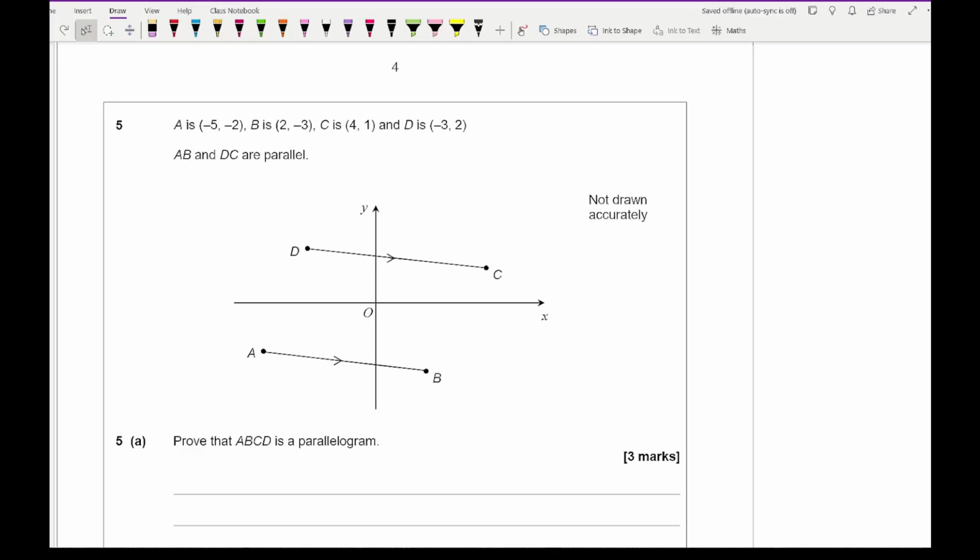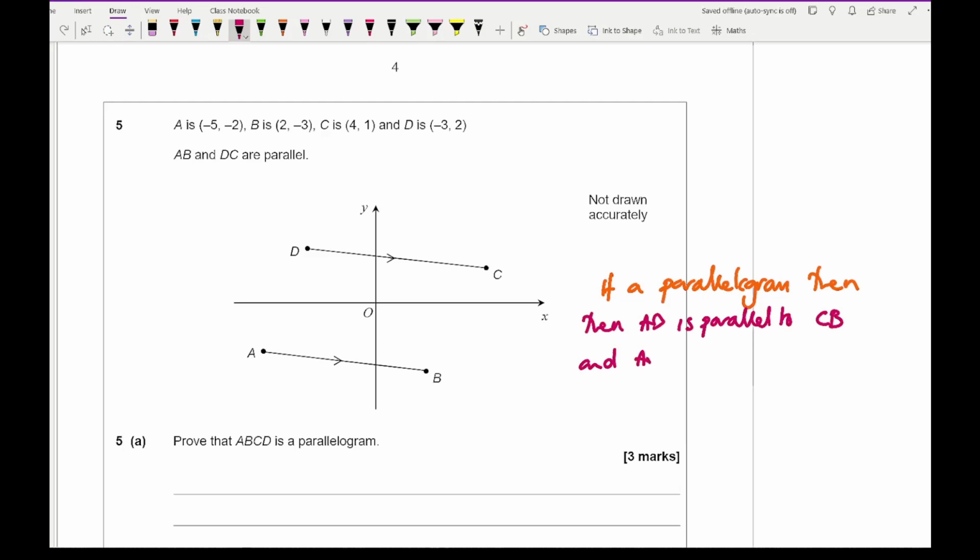Well, if it's a parallelogram, then AB is parallel to CD and AD is parallel to CB. Now we know that AB is parallel to DC because it tells us.